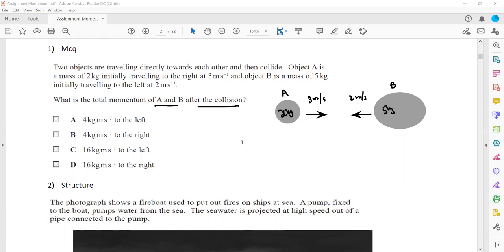So the total momentum before collision, or the sum of momentum before the collision, is equal to the sum of momentum after the collision.